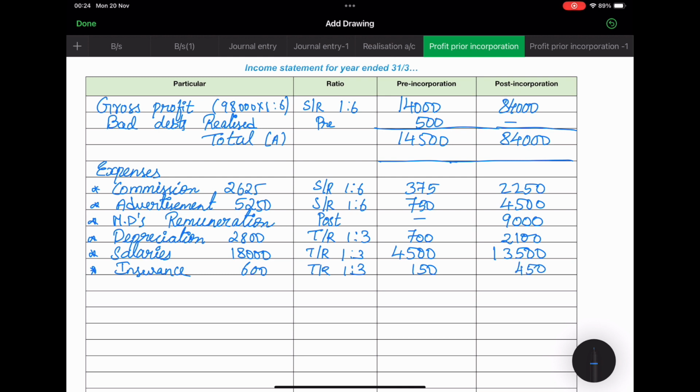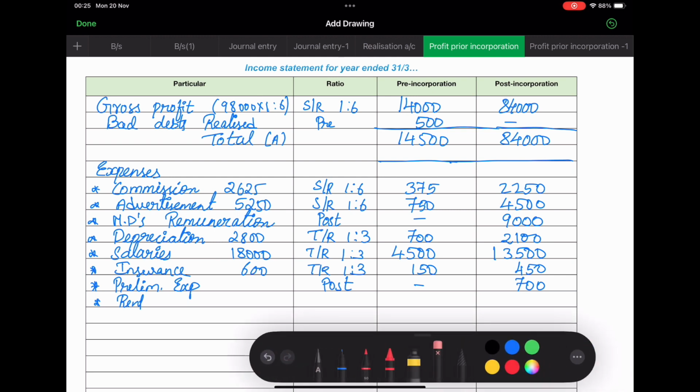Next, preliminary expenses. So preliminary expenses is related to fully post incorporation, so we are going to directly write 700 over there. Next, rent and taxes. So instead of writing rent, I'll use different color for rent.